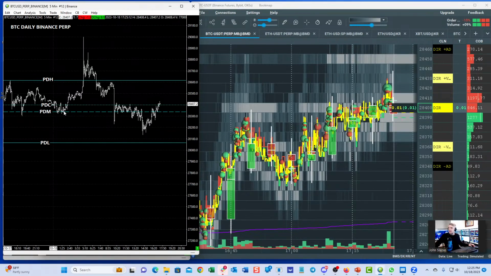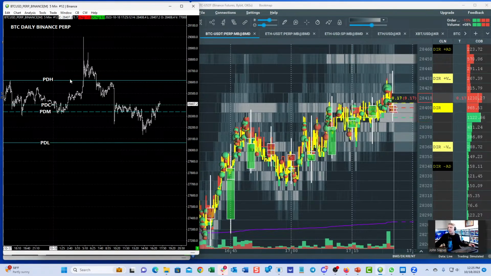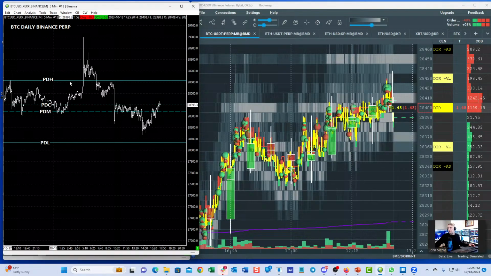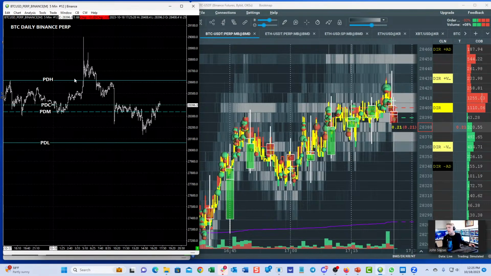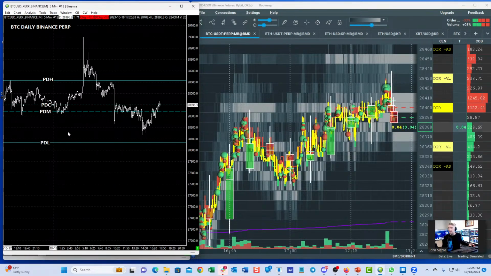And the market stabilizes above the midpoint. This is a natural momentum level within the previous period's high and low. If you're above the midpoint, the market is going to look to test the previous session high. If you're below the midpoint, it's going to look to test the previous session low. Simple as that. You keep everything real simple, but this is providing you this kind of benchmark structure.